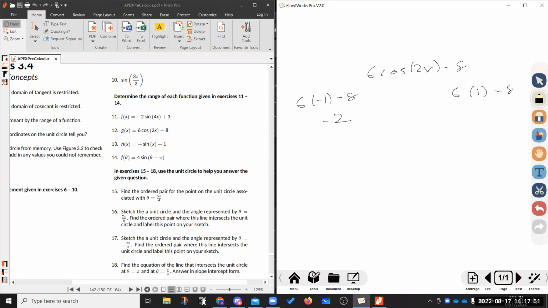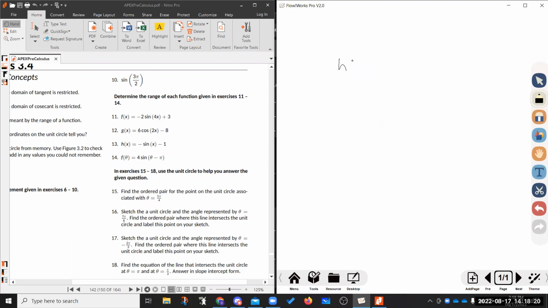Sorry, negative 6 minus 8 is negative 14. 6 minus 8 is negative 2. So g of x is going to be between these, included. So it's got a lower bound of negative 14 and an upper bound of negative 2.